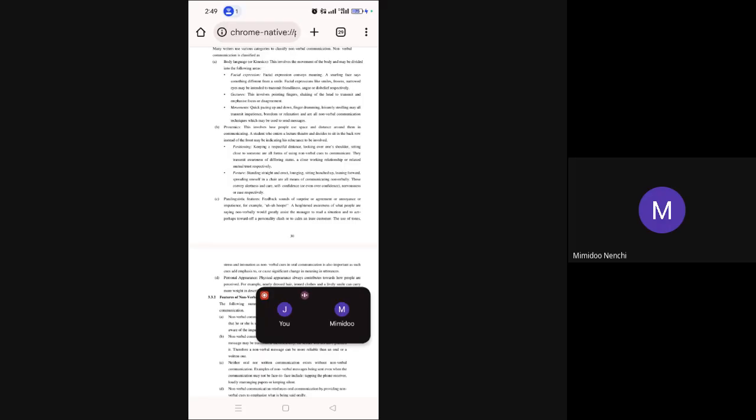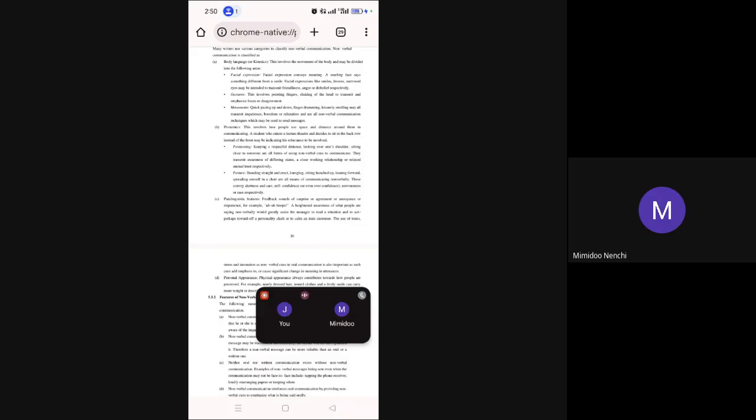So the next one is paralinguistic features. Feedback signs of surprise or disagreement or annoyance or impatience, for example, oops. A heightened awareness of what people are saying non-verbally could greatly assist the manager to read a situation and to act, perhaps towards a personality clash or to calm an irate customer.